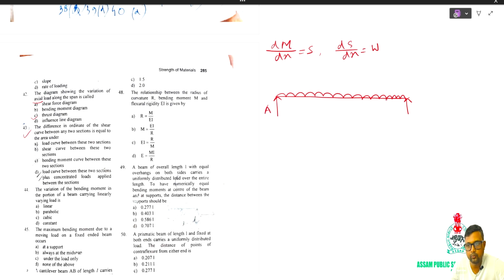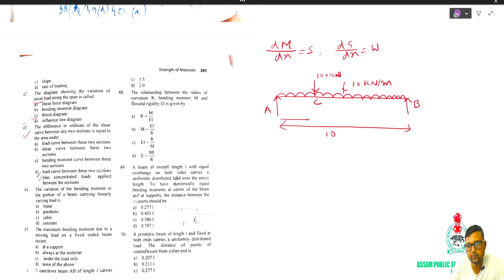Here I have taken 2 points A and B, and the load is 10 kilonewton per meter. Suppose the length of the beam is 10 meter, and one concentrated load of 100 kilonewton is acting at C.